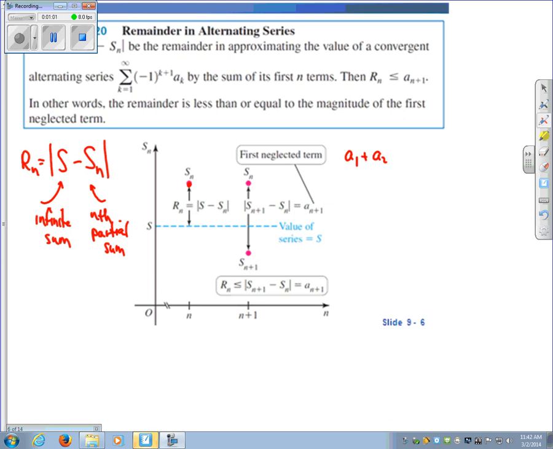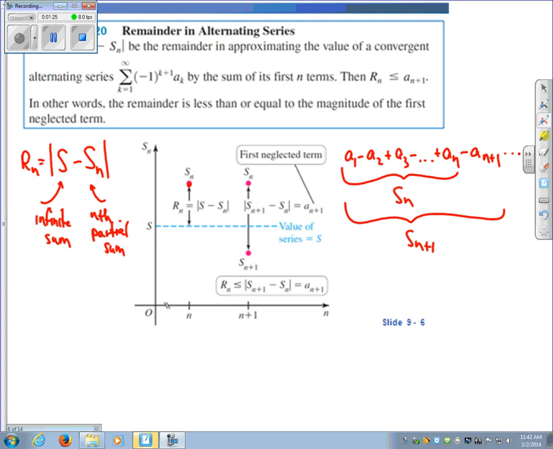A1 plus A2 plus, so we're going to have plus a sub n minus a sub n plus 1, and we'll just continue here. This is the nth partial sum. And so now the n plus first partial sum will be what you get by just subtracting one more term.